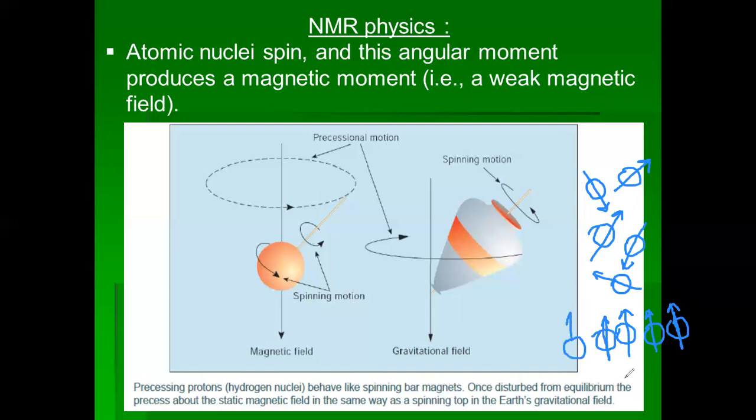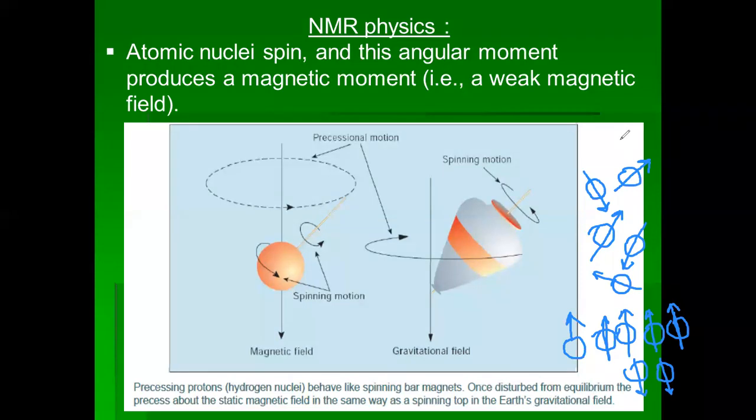So there will be some observable or measurable magnetization caused by the difference between the magnetic field produced by the parallel protons and the anti-parallel ones.